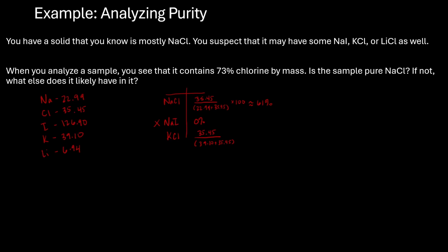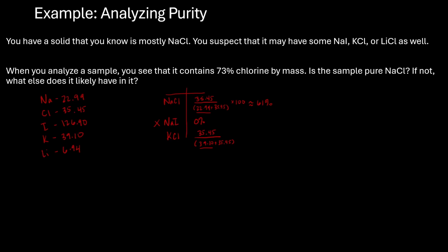Now I want you to think about what happens in math. If we have a bigger denominator than we do in the original, that should decrease the number that we have, because the denominator is bigger, so the number is going to be smaller. Again, this is going to reduce the chlorine percentage. What I mean is that this 39.10 is larger than the 22.99 that we added up in the sodium chloride.